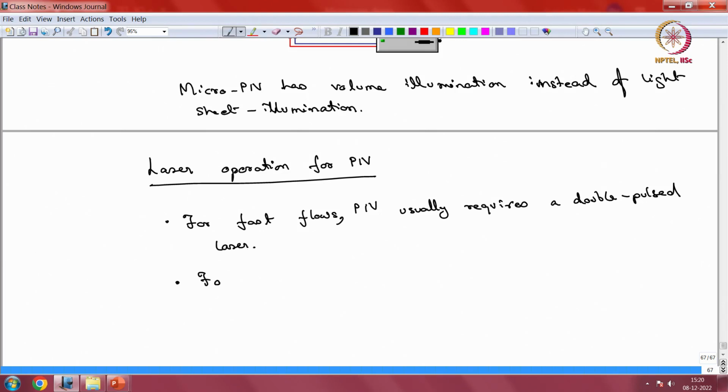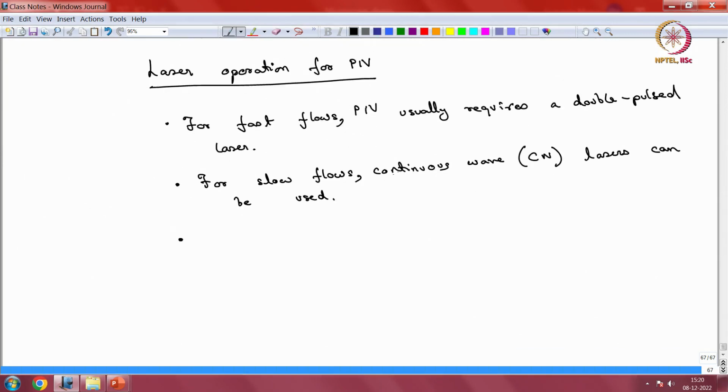For slow flows, on the other hand, and slow is obviously a relative term, and you have to watch out for what is slow in your particular case, continuous wave lasers, also called CW lasers, can be used. So if you are planning to set up an experimental setup, you have to be careful in selecting the laser because it depends on the kind of flow.